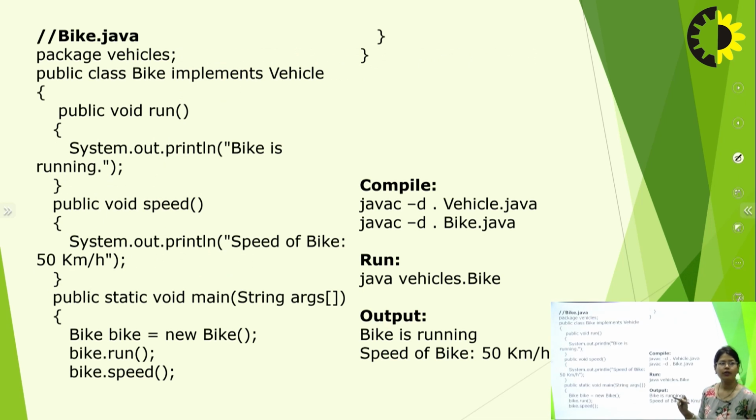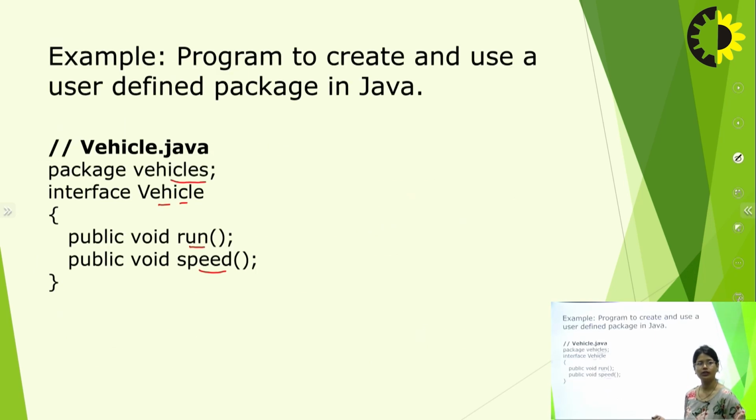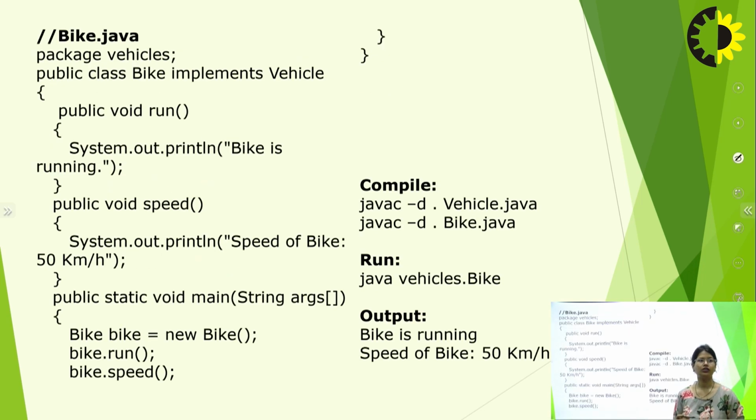Now in this slide, we are creating a class Bike, which is implementing the Vehicle. What was Vehicle? Vehicle was the interface in the package vehicles. So we are importing the package vehicles and implementing the interface.